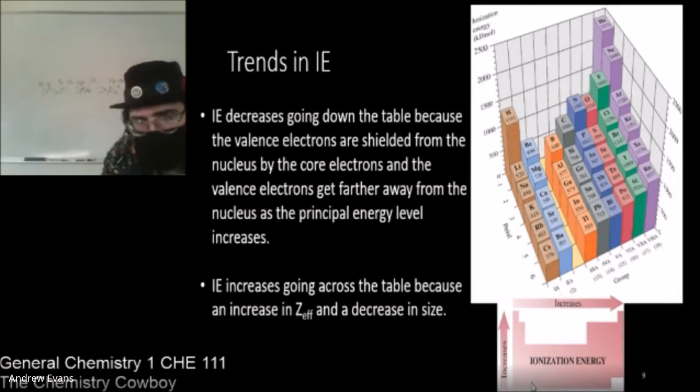And down here, it's the most likely to go positive, which is why cesium and sodium and potassium and rubidium are always going to be +1. We tend to look at those as +1 rather than -1 because they have a low ionization energy. It's easier for them to accomplish.